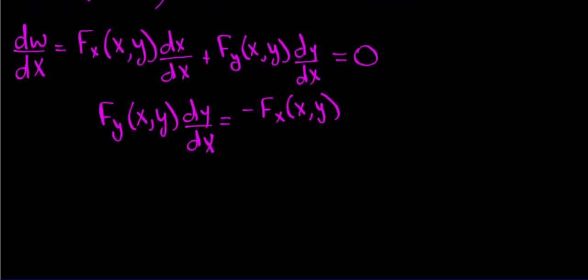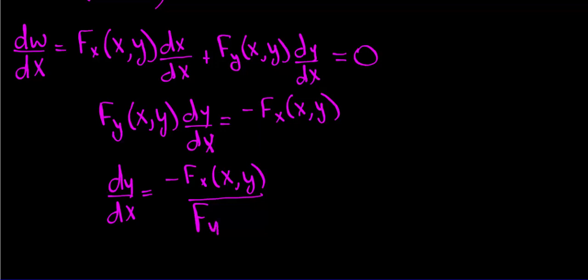Now I want to say dy/dx is equal to negative partial with respect to x over partial with respect to y. So if you notice, what we've just found is dy/dx, and we did it with partials.